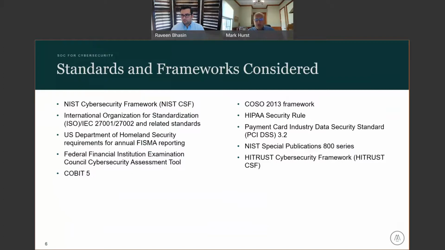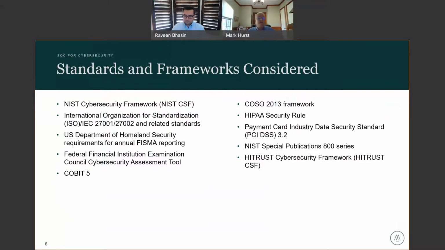The second one is the AICPA's Trust Services Principles, and those include security, confidentiality, and availability. There are quite a few other frameworks out there that are listed below, and we're more than happy to discuss with you which ones work best for your organization.